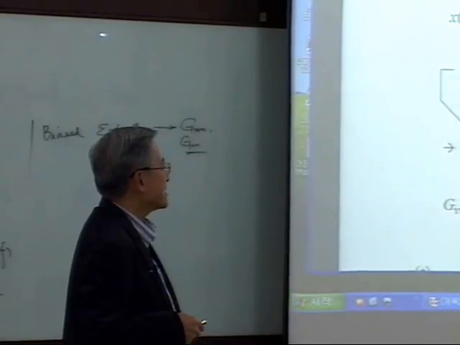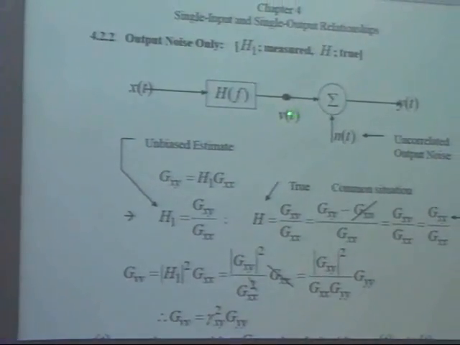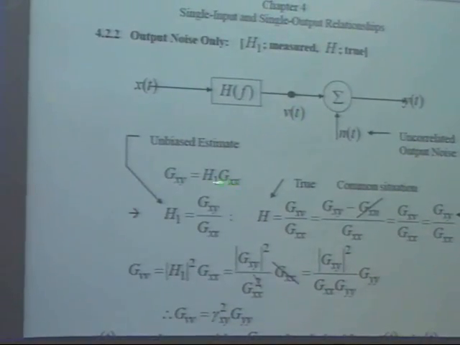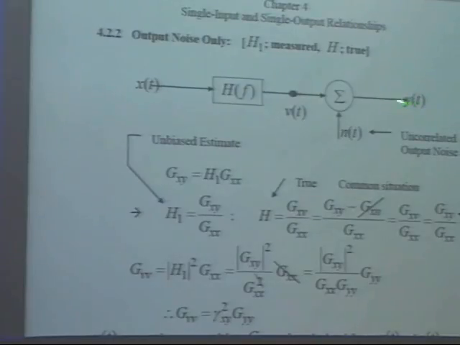So GXY is equal to H1 GXX. I'm not dealing with V, right? GXY, with Y measured, right? So it's H1, not H. H1 is the measured frequency response function, clear, H1.